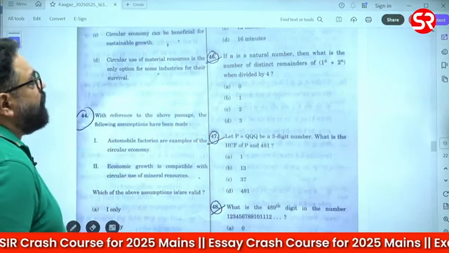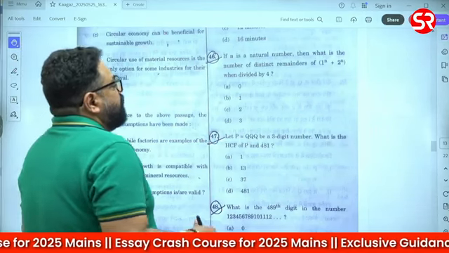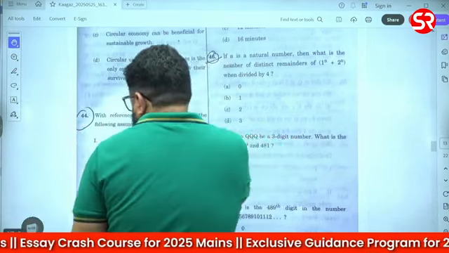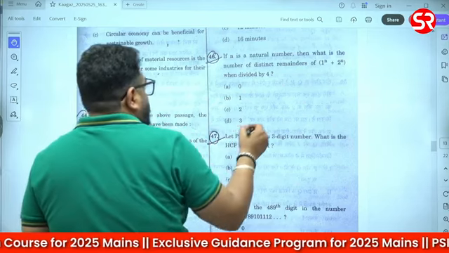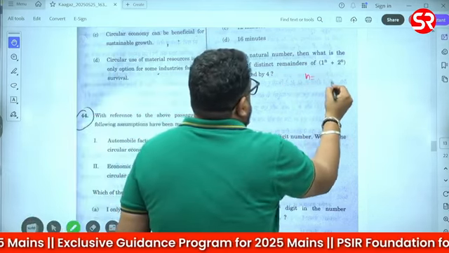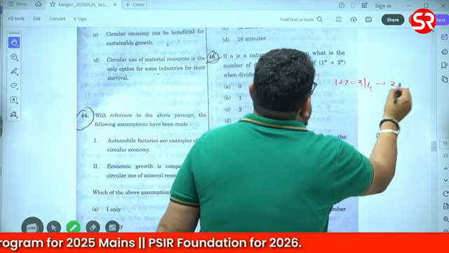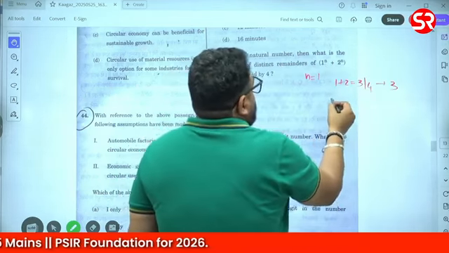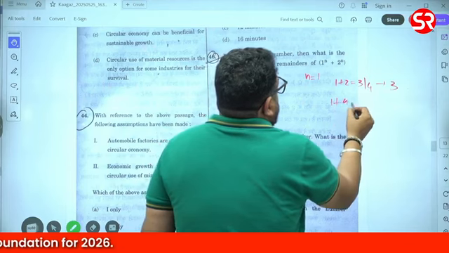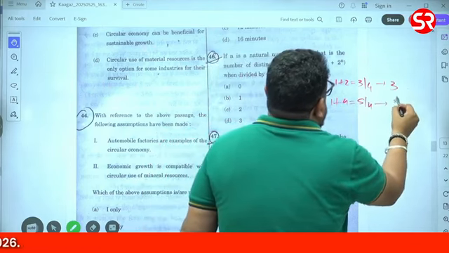He says n is a natural number. Then what is the number of distinct remainders? This is one question any one of you should have done. So 1 plus 2 is 3, divided by 4, remainder is 3. If you take n equal to 2, then 1 plus 4 is 5, divided by 4, remainder 1.